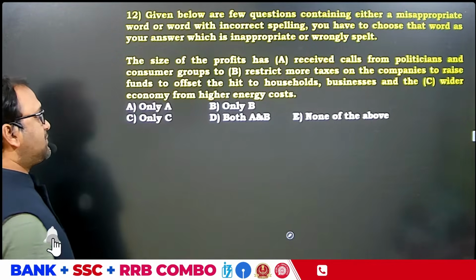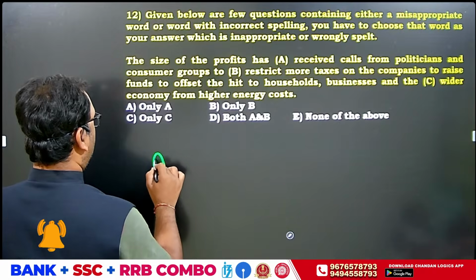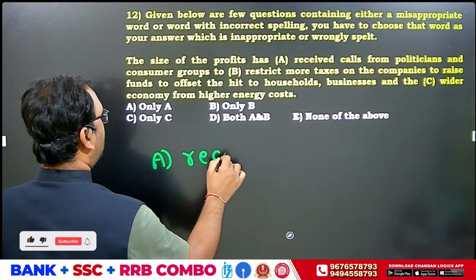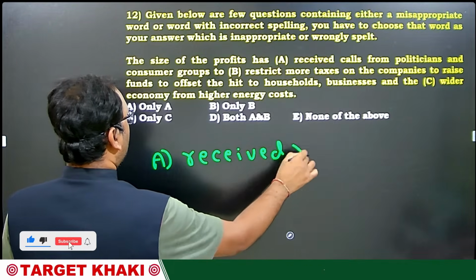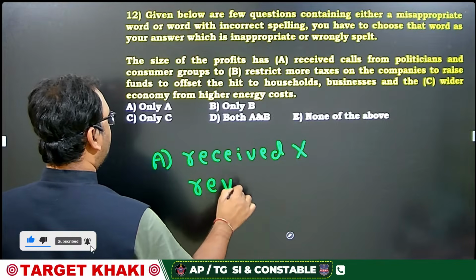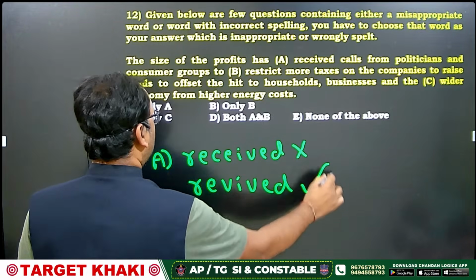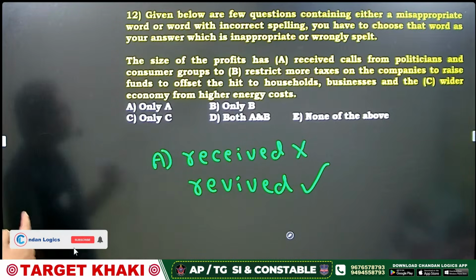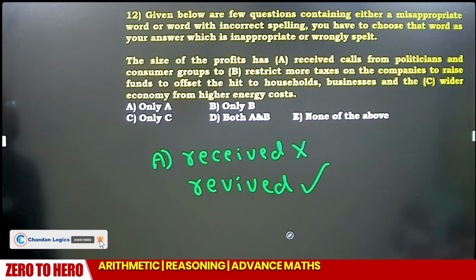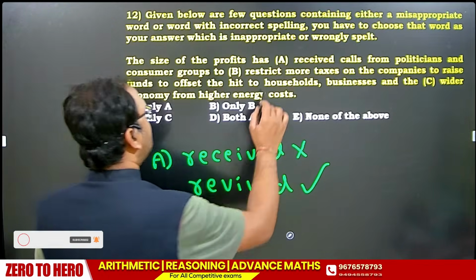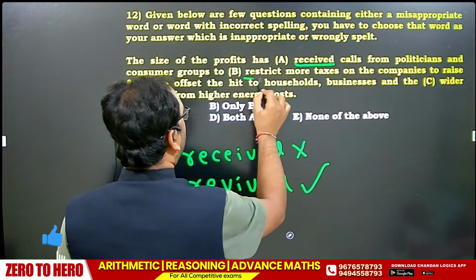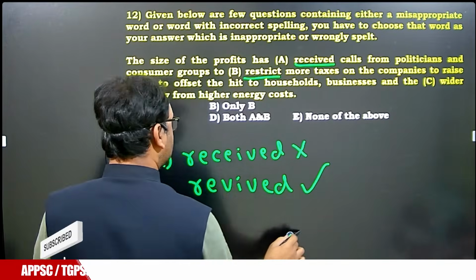There is a serious problem in the A part. In the A part, it is not received calls. It is revived. Only then you understand the meaning properly. And the problem is here also in the B part. Restrict taxes.